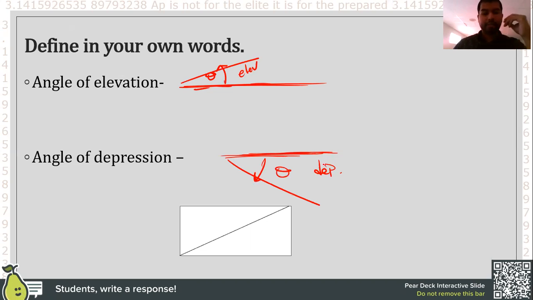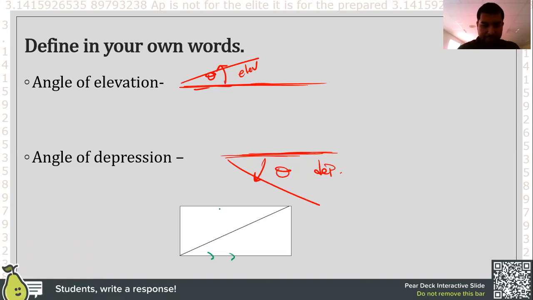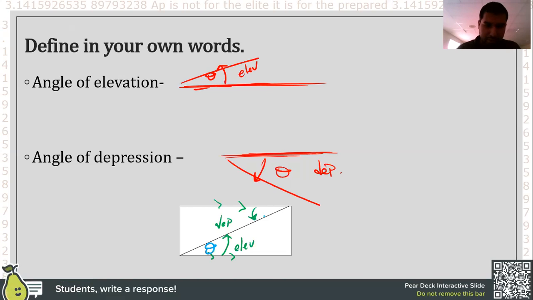Okay, now what I like to tell students, because there is something that happens that is pretty unique. Let's say these are parallel lines, right, in the ground, and I guess in some sort of ceiling, and this right here, the angle that is formed right here is the angle of depression, and this right here is the angle of elevation. These two thetas, hopefully you remember your geometry, are opposite interior angles, meaning they are the same.